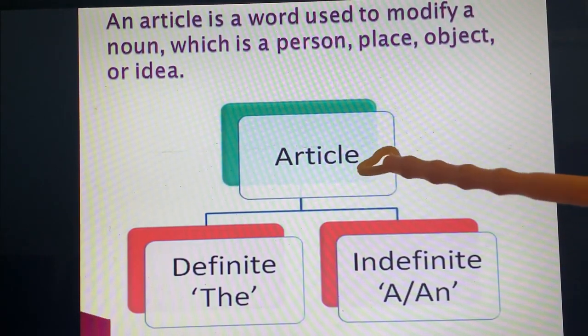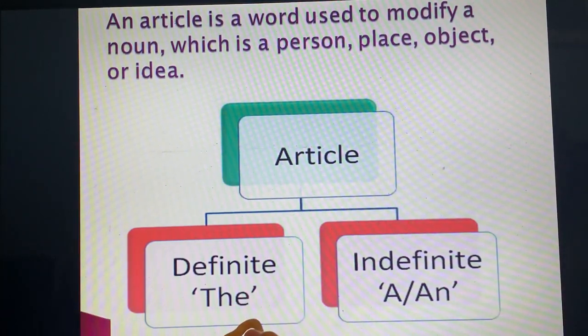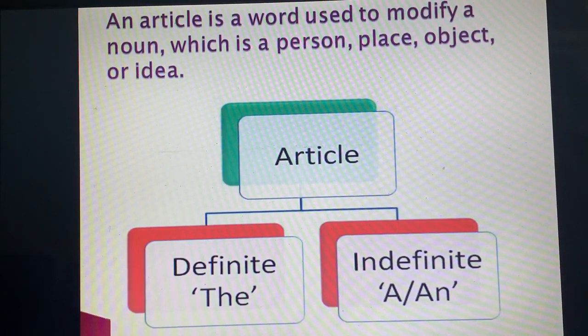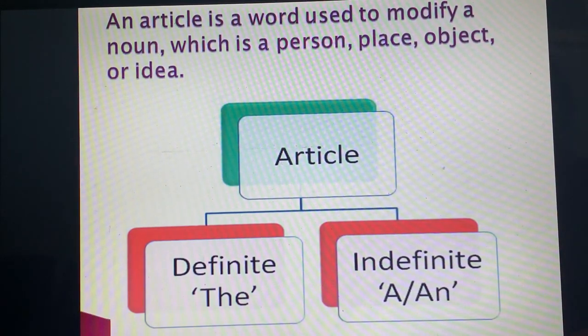So articles are basically divided into two parts, that is the definite article the, and the indefinite articles a and an. Fine. So there are three articles, that is a, an and the.